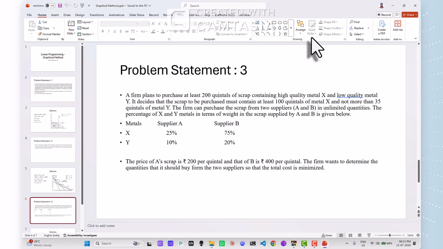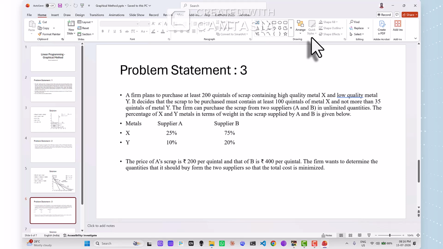The firm can purchase the scrap from two suppliers A and B in unlimited quantities. The percentage of X and Y metals in terms of weight in the scrap supplied by A and B is given below. Metal X from supplier A 25%, supplier B 75%.